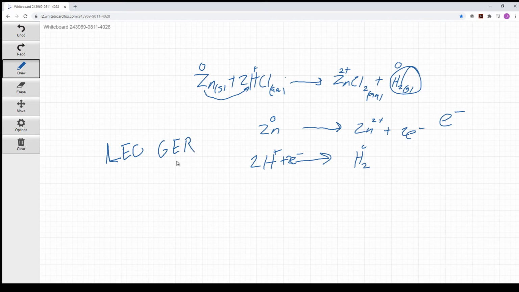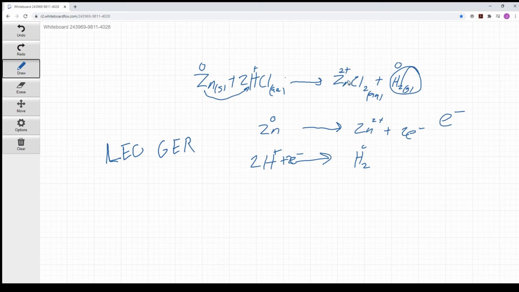So what this stands for is less electrons means oxidation, greater electrons means reduction. In that case, if we look at our little example problem here, we saw that the zinc went from 0 to 2 plus.